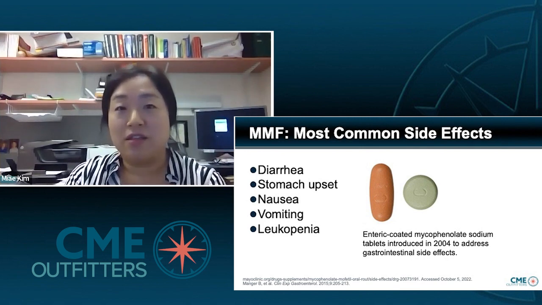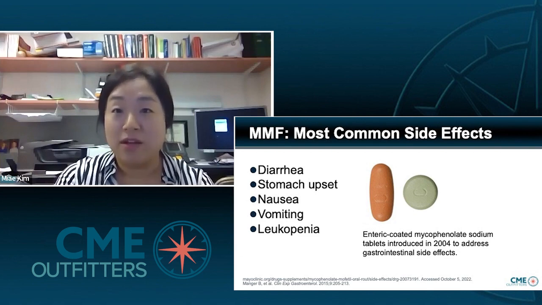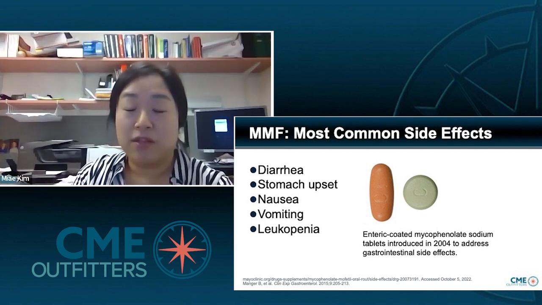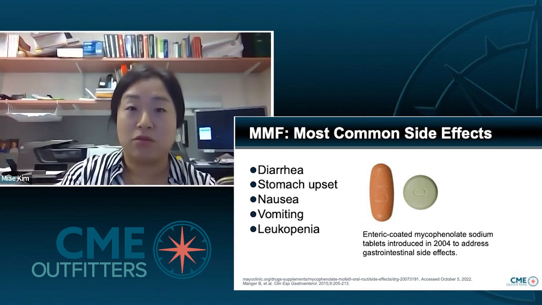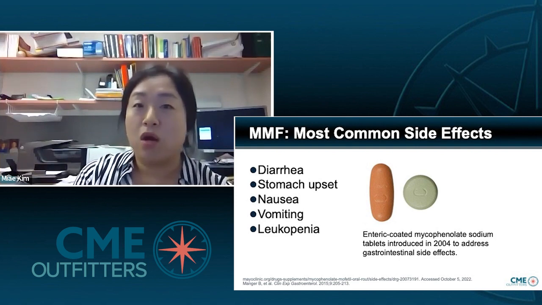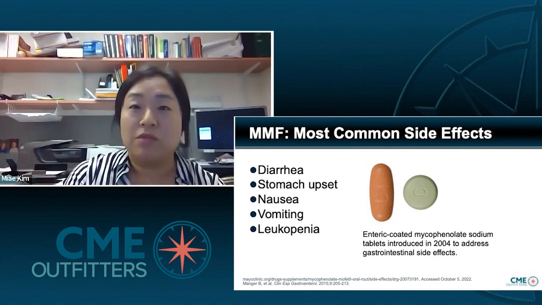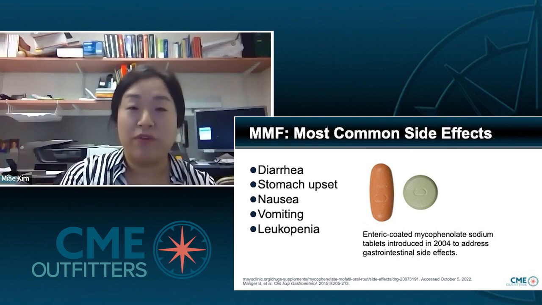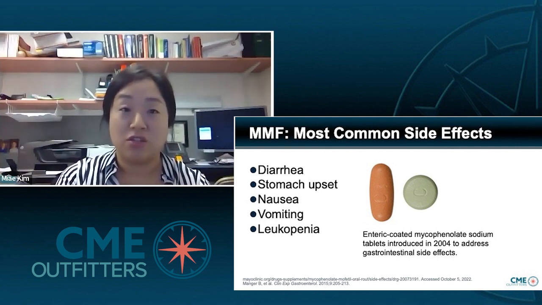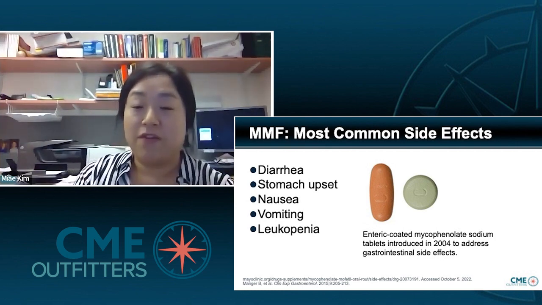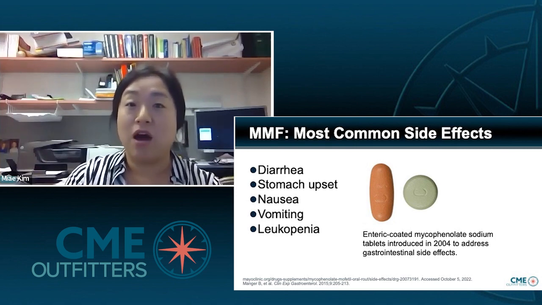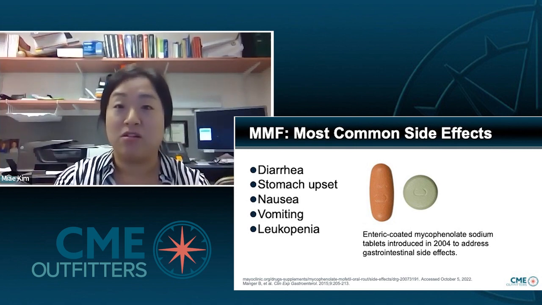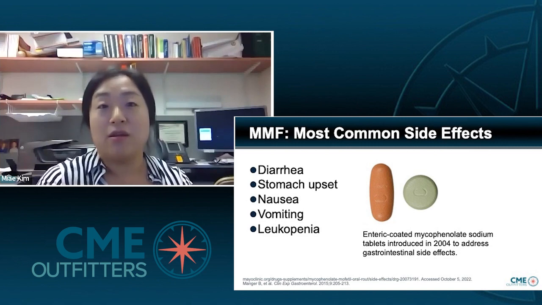To alleviate the gastrointestinal side effects, enteric-coated mycophenolate sodium tablets came to the market in 2004. While it showed similar efficacy to mycophenolate mofetil in terms of preventing rejections, the beneficial effect on GI side effects has not been consistently demonstrated.